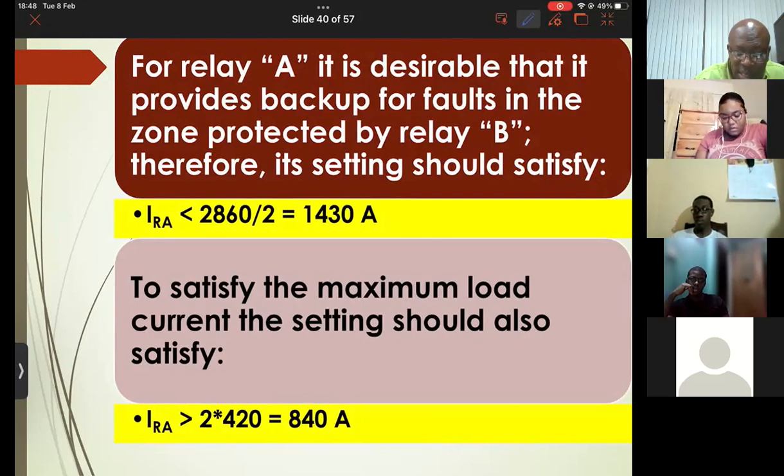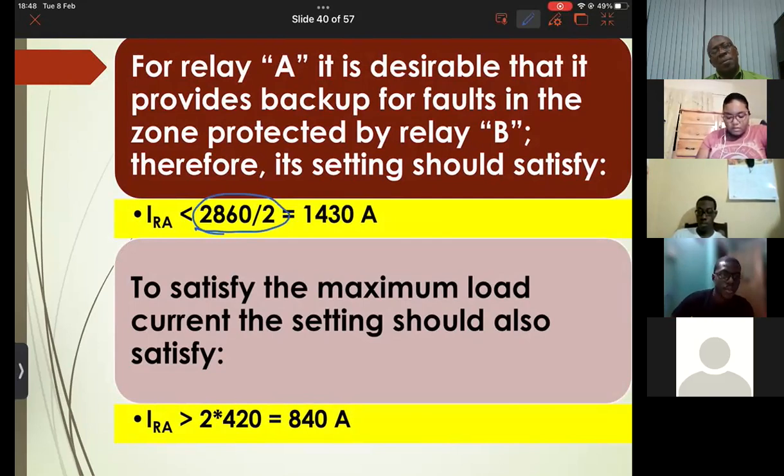So its setting is going to be based on what's happening with B. So it's half the B current, which is 1430, and twice its load current, which is 840.